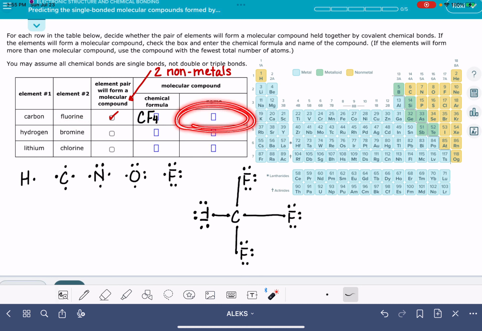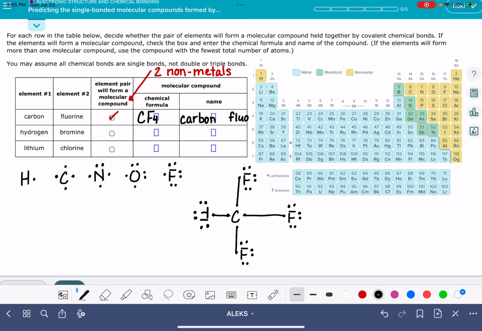Last but not least, we need to give this compound a name. To name it, we're going to be using just the standard nomenclature for molecular compounds, or compounds formed between nonmetals. So we're going to say the name of each element individually in order. Starting with the first element, which is carbon, and then for the second element, we have fluorine. Because it's the second element, we're going to drop the "ine."